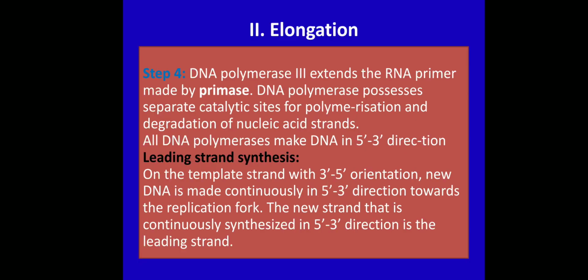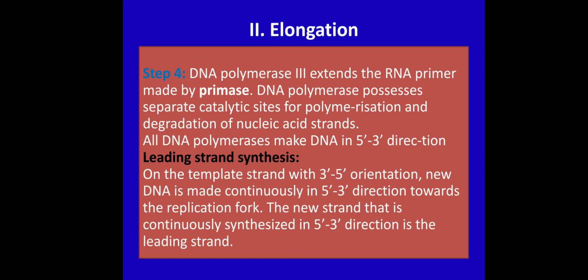And next, in step 2, that means in elongation, in step 4, DNA polymerase 3 extends the RNA primer made by primase. DNA polymerases possess separate catalytic sites for polymerization and degradation of nucleic acid strands. All DNA polymerases make DNA in the 5' to 3' direction.